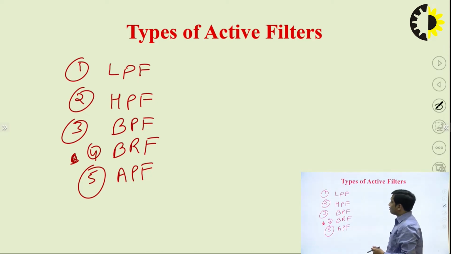So these are the types of active filters, and we are focusing on band pass filter in this particular class.